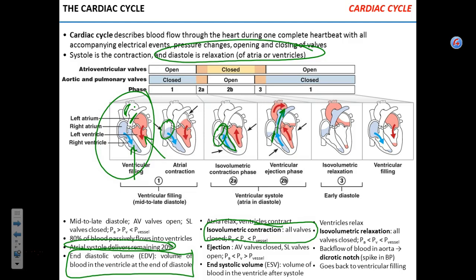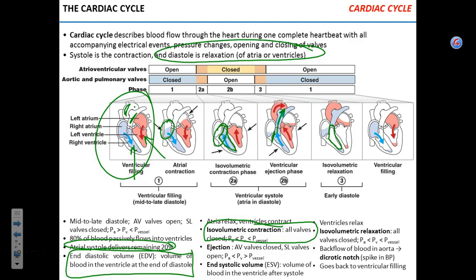AV still closed. Why? Because there's not enough pressure in atria yet. Does that make sense? And at this point, same volume of blood, both valves are closed. This is called isovolumetric relaxation.